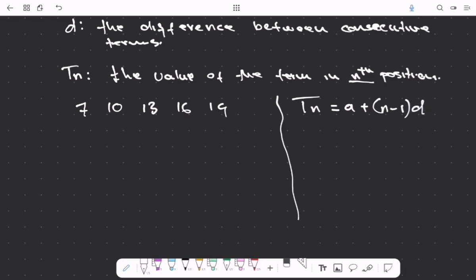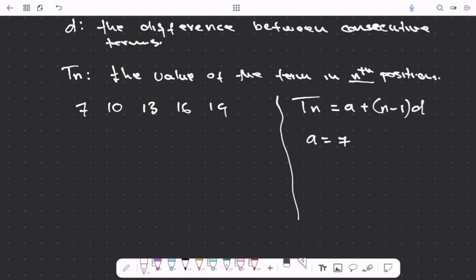So what is our A? Our A is the first number in the sequence, and in this case it's 7. So our A is equal to 7. You get it? Exactly. So do we need to define n? No, we do not need to define n because our equation must have n at the end.